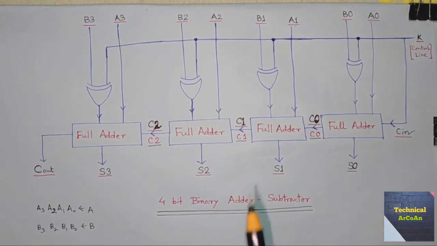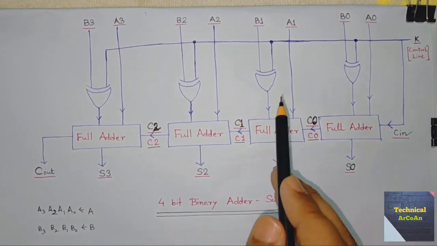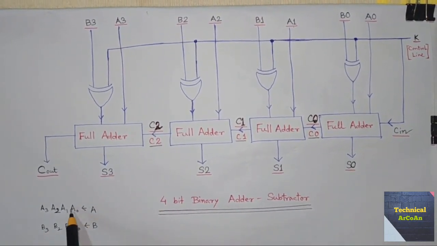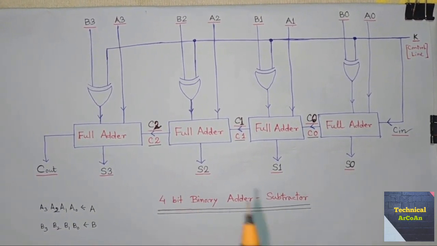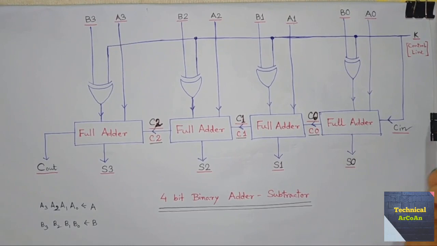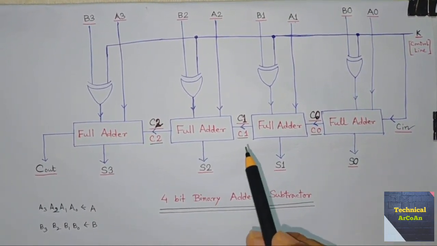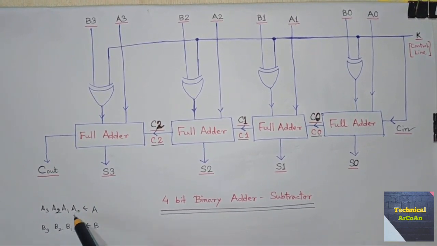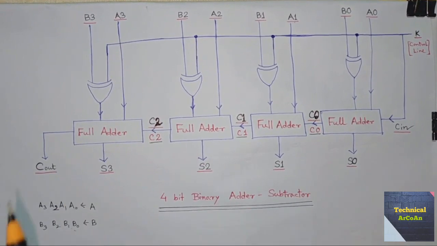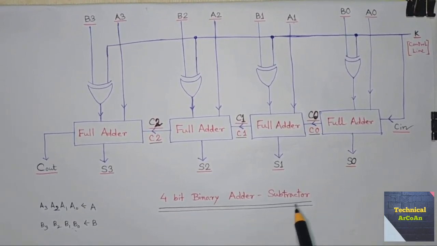When the control line K is equal to 1, the operation being performed on the two 4-bit numbers is subtraction. And when the control line K is equal to 0, the operation being performed on the 4-bit binary numbers is addition. Also remember that we gave this example as a 4-bit binary adder subtractor.